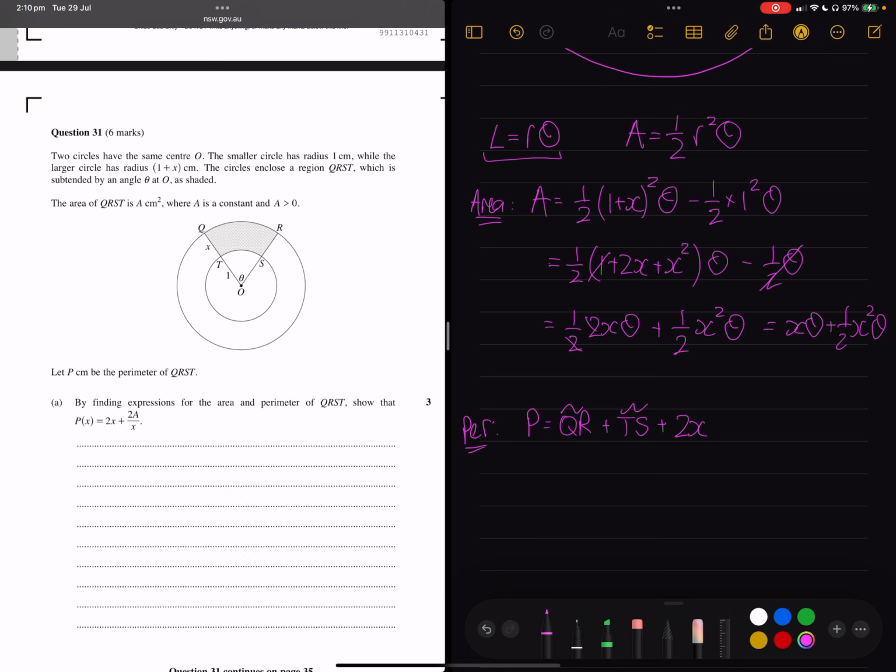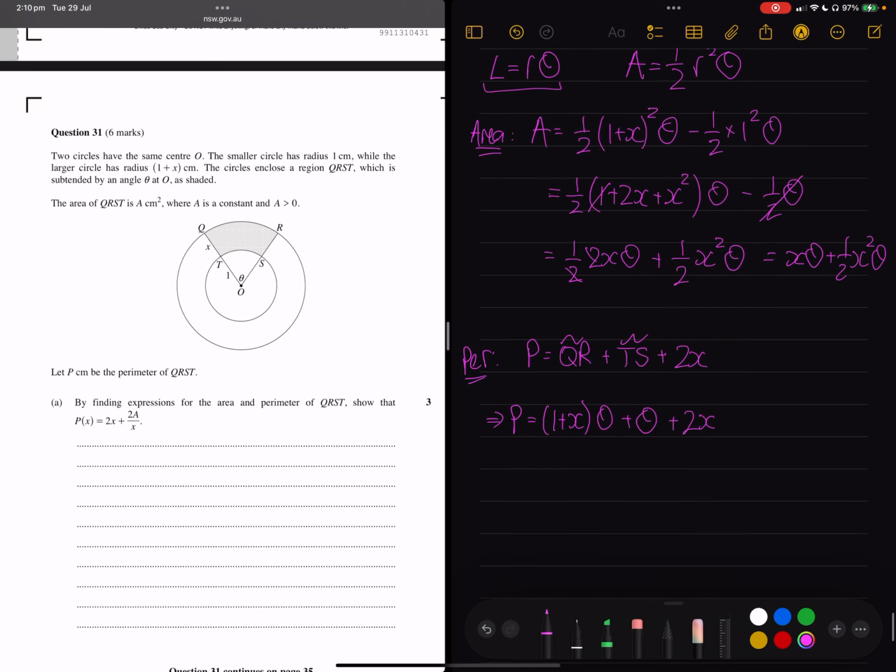For the big curve QR, the length is the radius times theta. The radius is 1 plus x, so this is (1 plus x) times theta, plus the small arc, which is the TS one. The radius is 1 times theta. So this is plus theta plus 2x. If we simplify this, we find the perimeter is theta plus theta, which is 2 theta, plus x theta plus 2x.